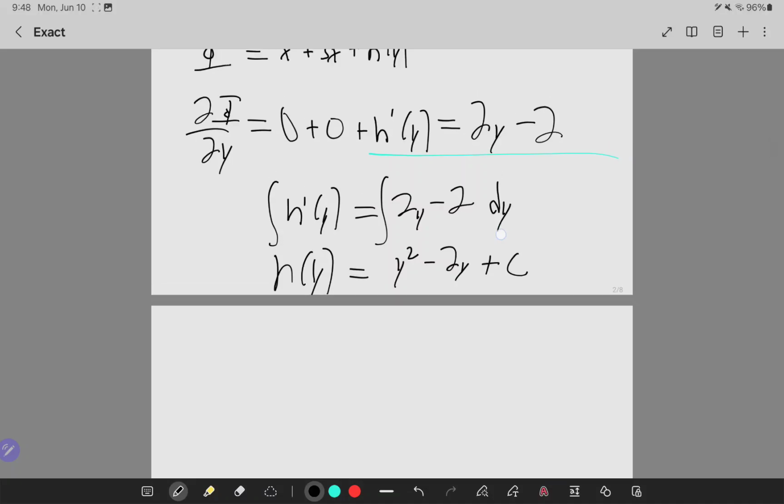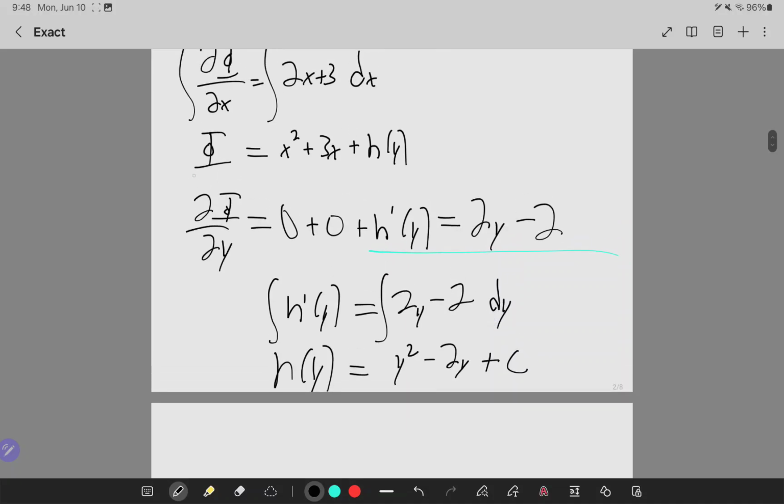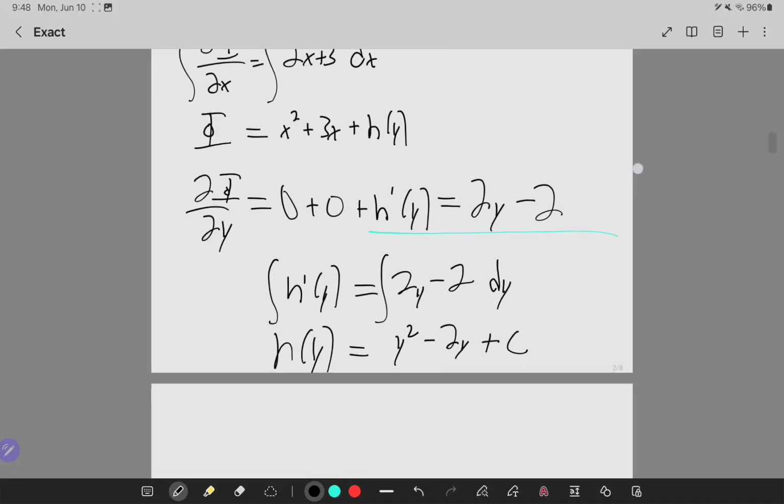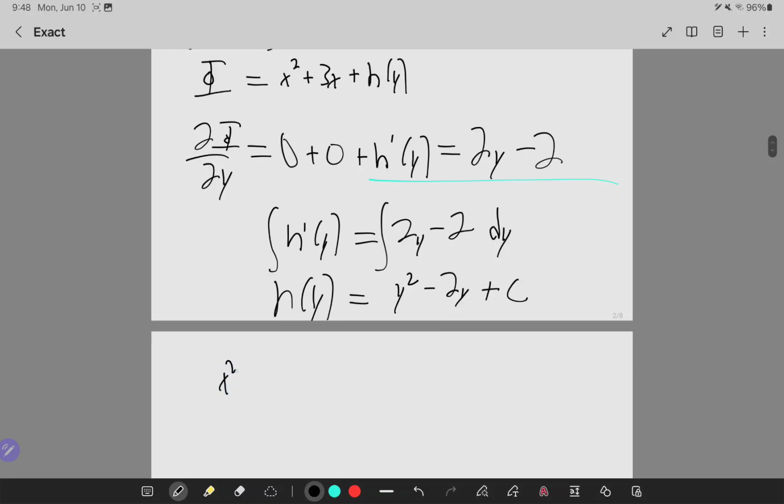We can plug it back in up here, and for phi up here, we can plug it back into here. So we have x squared plus 3x plus y squared minus 2y plus c is equal to 0. We set phi equal to 0.